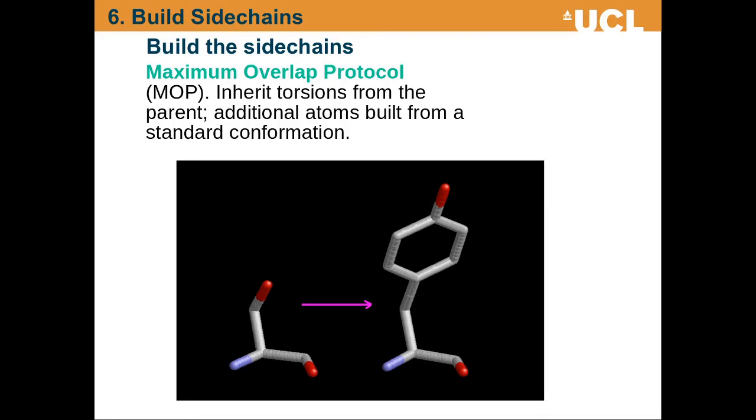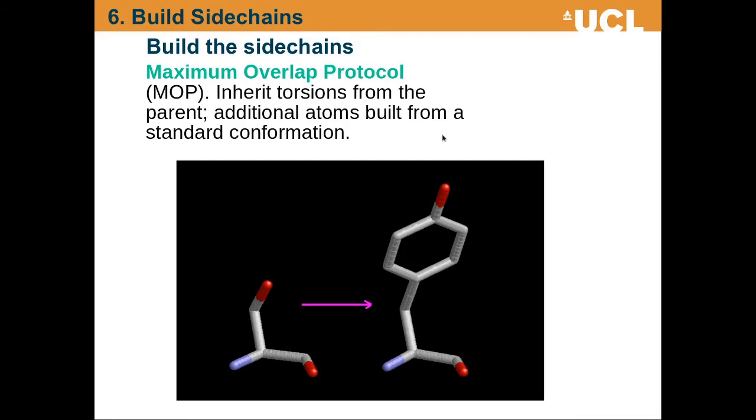Now, the simplest way of doing side chain replacement is known as the maximum overlap protocol, or MOP. And essentially what we do here is inherit the torsion angles from the parent side chain, and if we're making a side chain shorter, we just cut it off at the appropriate position.